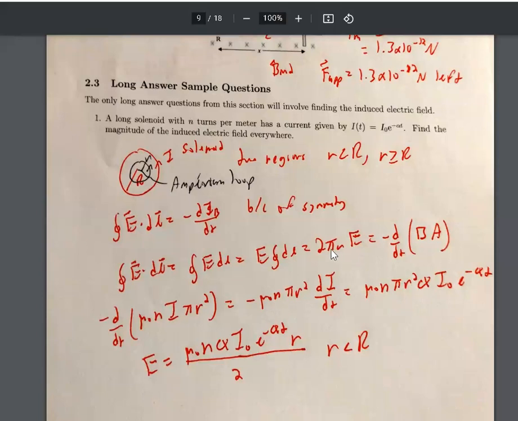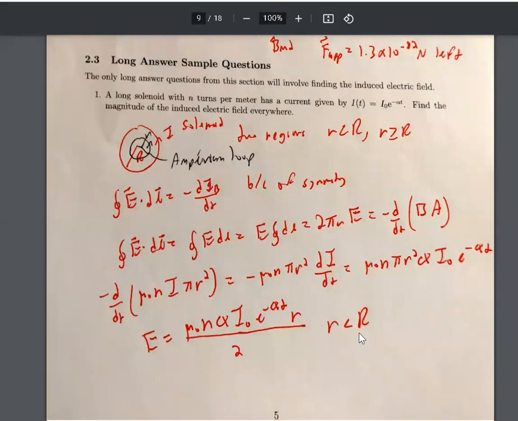And so when we set these things equal, we can solve for the electric field by dividing by 2 pi r. One of the r's will cancel, and we'll end up with a 2 in the bottom, and the pi will cancel as well. So this is the electric field if we're looking at a distance of less than the radius of the solenoid.